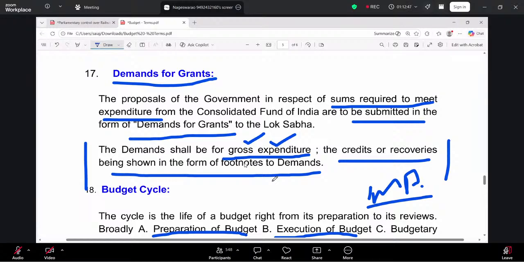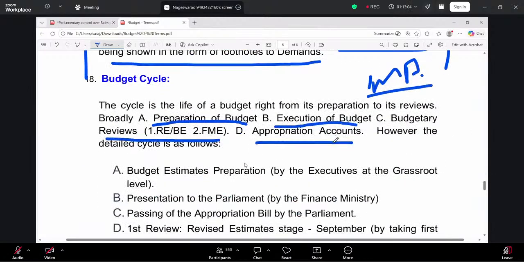All of you know it is in September. Then receiving the grant, then execution, then reviews, two reviews. After the reviews, again we prepare appropriation accounts after closing of the financial year.